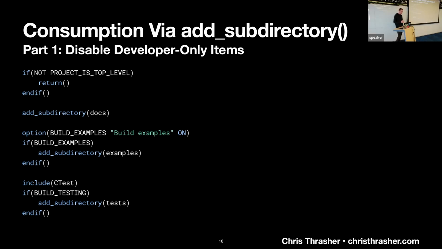So the way that I do this is that near the bottom of my top level CMake script, I have this conditional right here, and it's saying if project is not top level. That basically means if this project is currently being consumed. And what I do there is I just return. So everything below this is only ever configured if you're building the project as the top level project. So if you're developing the library, that's the case. Even if you're packaging the library, you're building the library by itself.